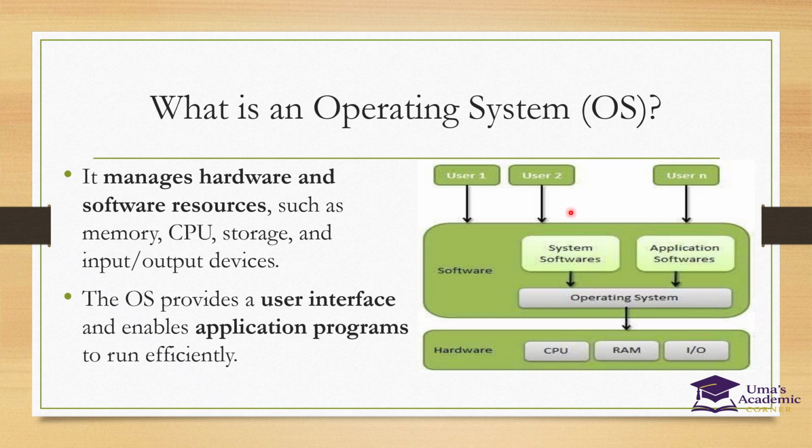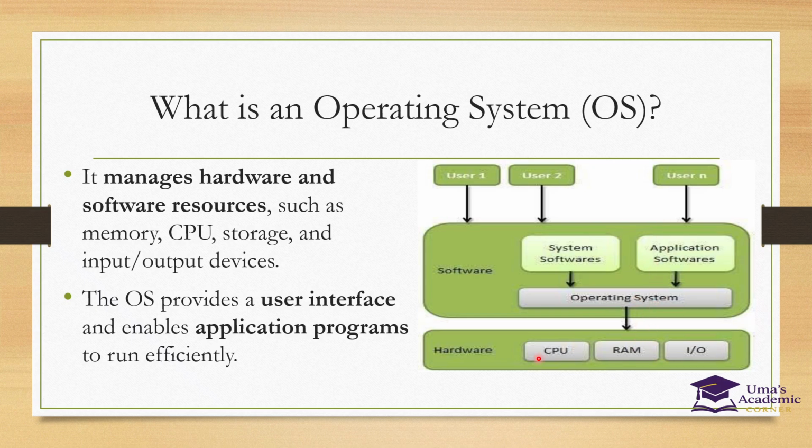We have two types of software, system software and application software. When the user wants to interact with the hardware parts of the computer through application software, they need an interface. It's nothing but the operating system, which helps the user interact with the hardware parts of the computer. The main task of an operating system is to support the user in interacting with the hardware.